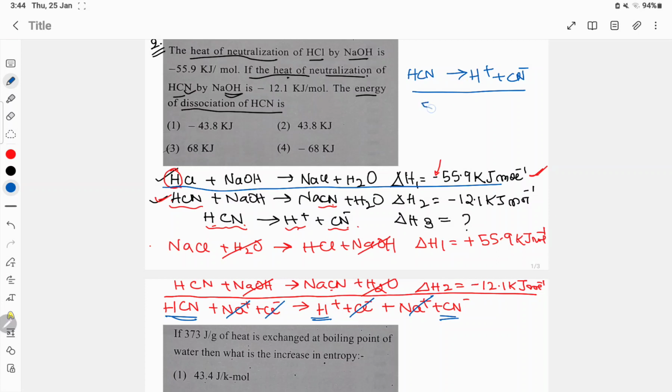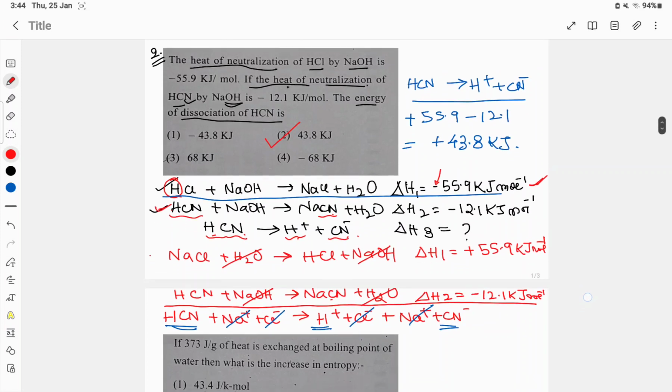The value will be 55.9 plus minus 12.1, so the answer will be plus 43.8 kilojoule. So the correct answer is 2. Okay, then let's move on to the third question.